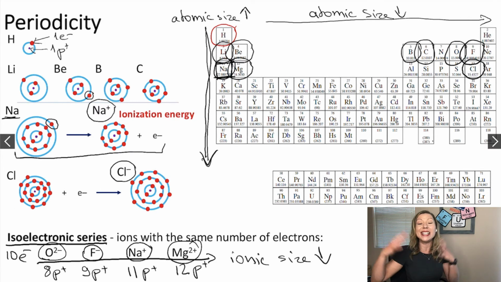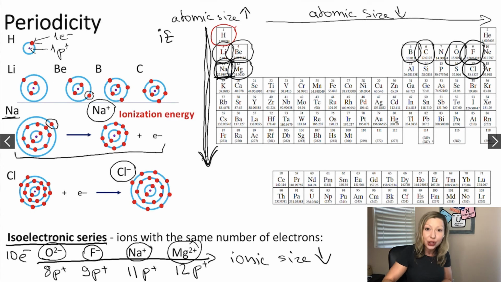So will it be easier or harder to remove that last electron? It's going to be easier, right? Because it's further away from the positive charge of the nucleus. So as I go down in a group, my ionization energy is going to decrease. It's exactly opposite to the atomic size, which increases as I go down a group.